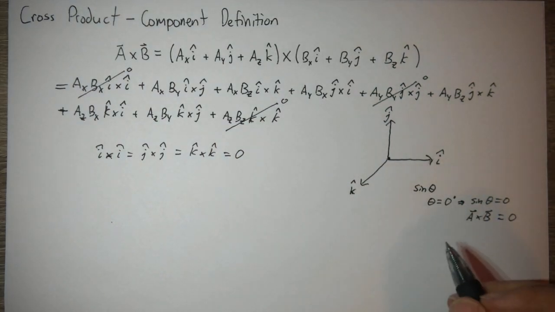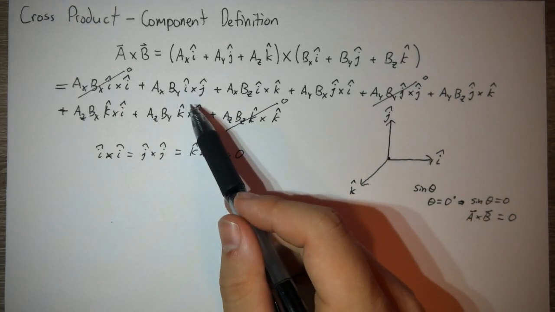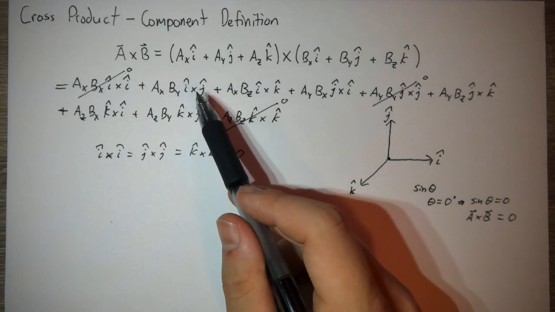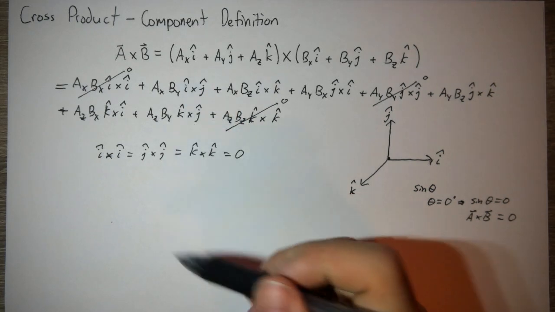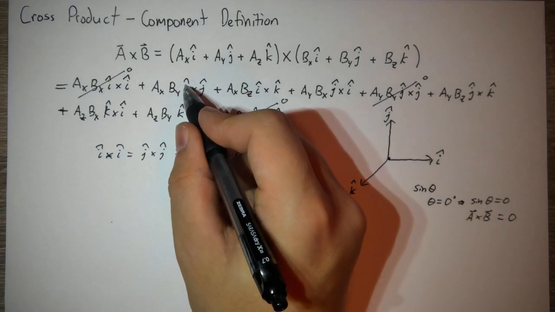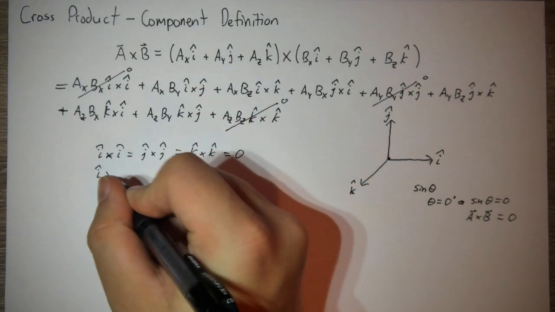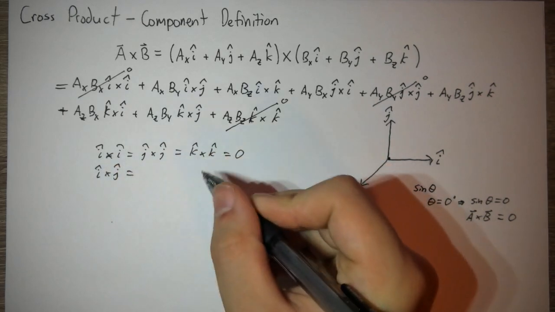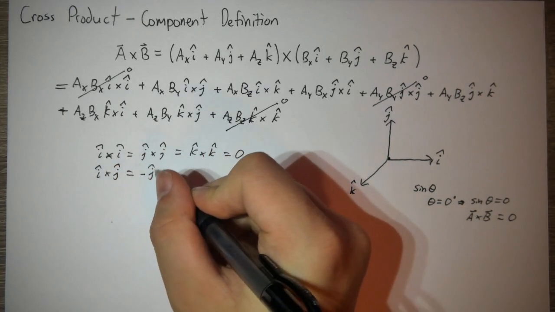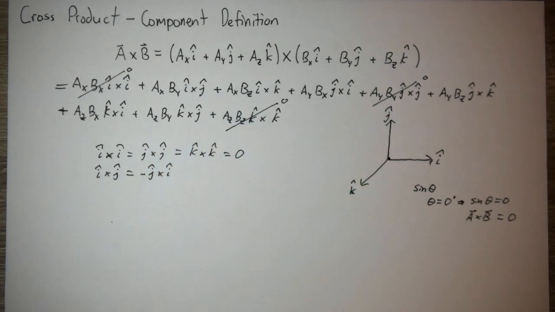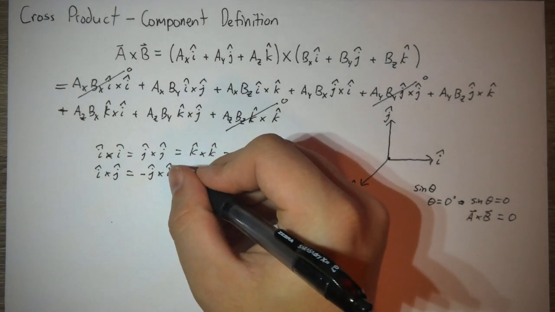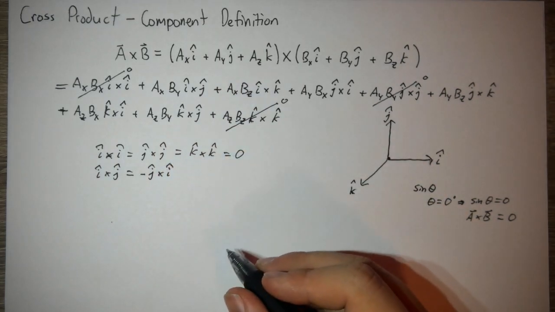Okay, now the other thing is we talked about in the last video that cross products are anti-commutative. So for example, i cross j is equal to negative j cross i. And so we can come up with relations like this.